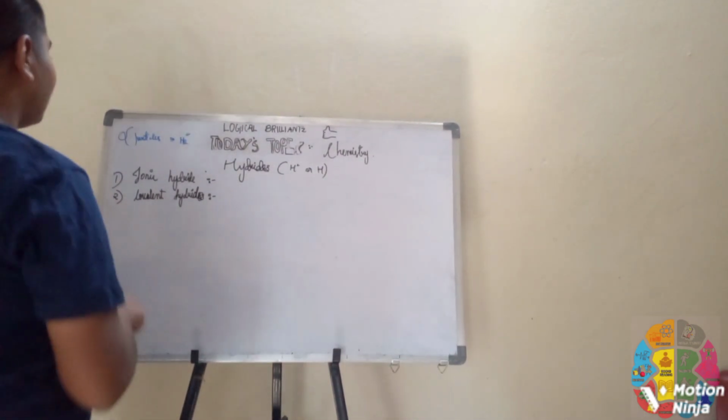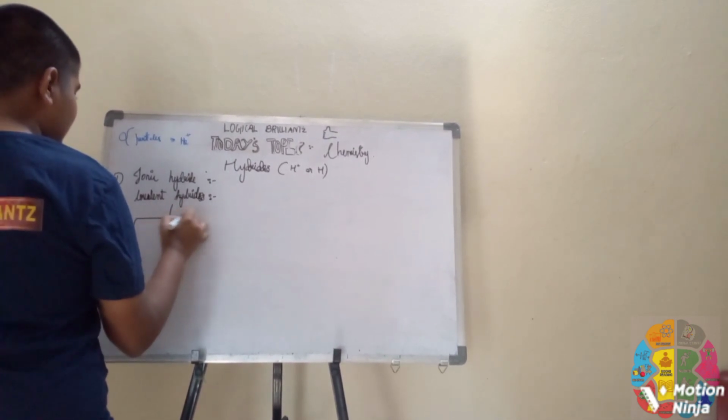And in these covalent hydrides, there are again three types.